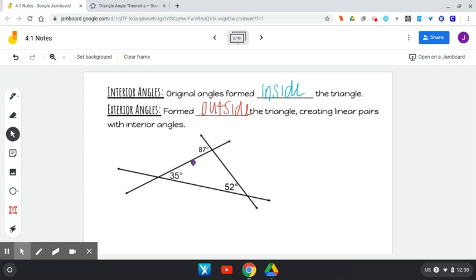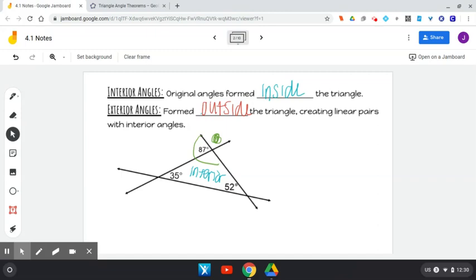Two of them have numbers, 35 and 52. We could technically find that third one because we have a linear pair right here. So the outside angles form linear pairs. This is not called an exterior angle because it doesn't make a linear pair, it's vertical.